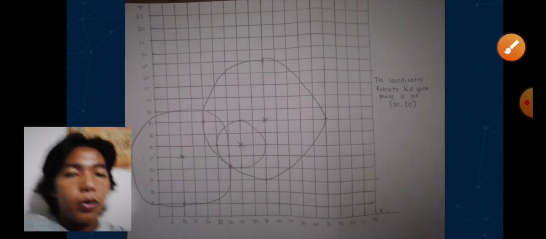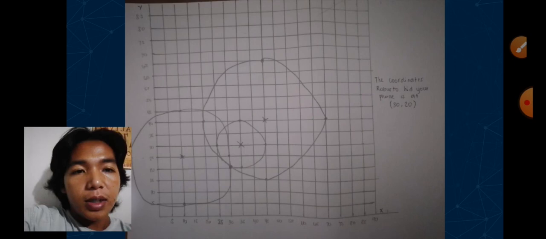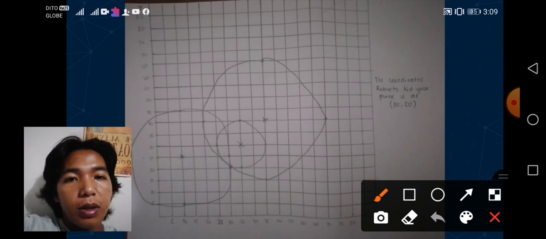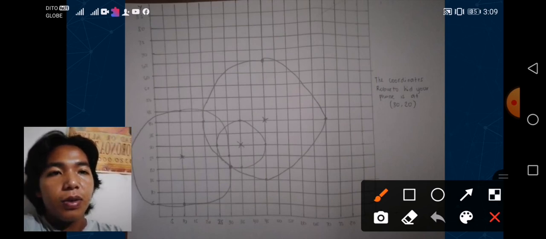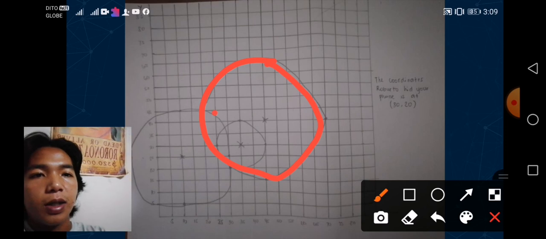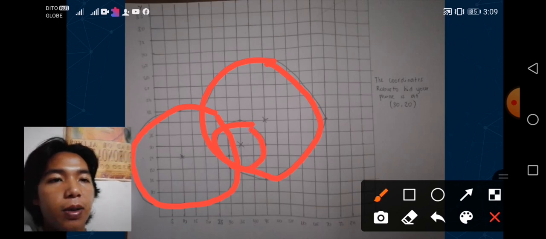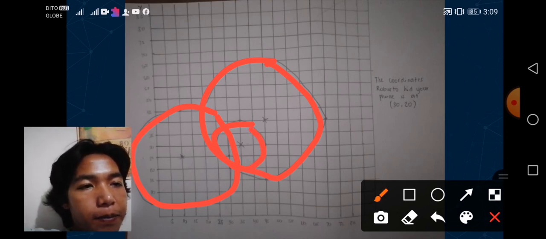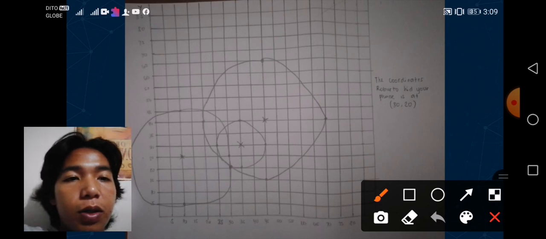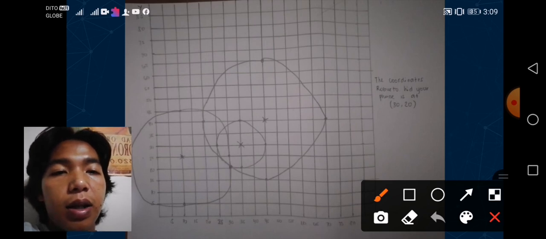So we will use radio triangulation to find the cell phone that Roberto hid. In radio triangulation, we overlap the circles. Now that we are finished overlapping the circles, we will find where these three circles intersect.